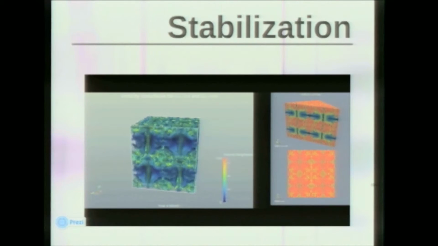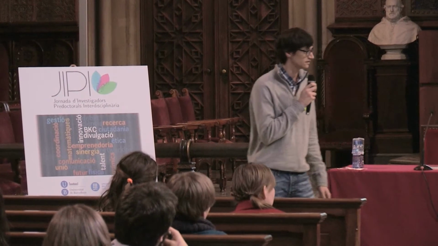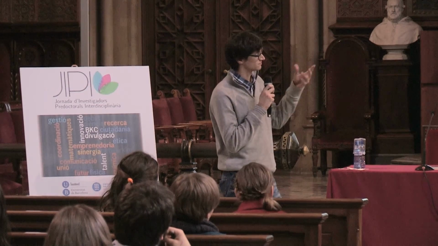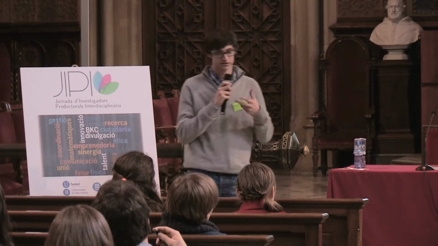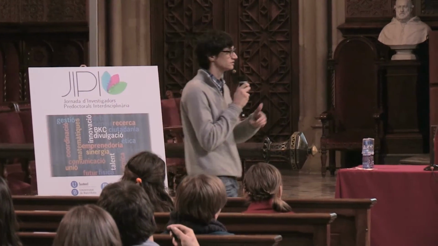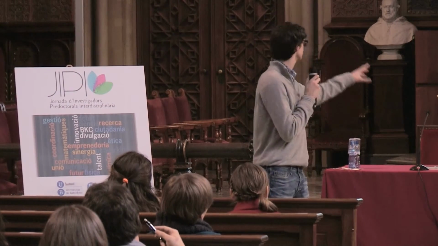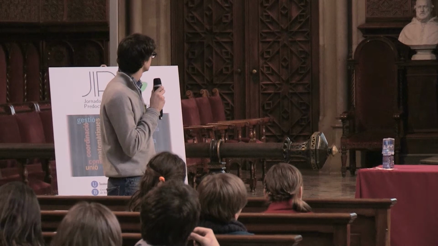But what I can tell you is that if we don't use a stabilization method, the solution would somehow explode. And if we overstabilize the method, we wouldn't be able to capture these small features that appear in the middle of the cube.